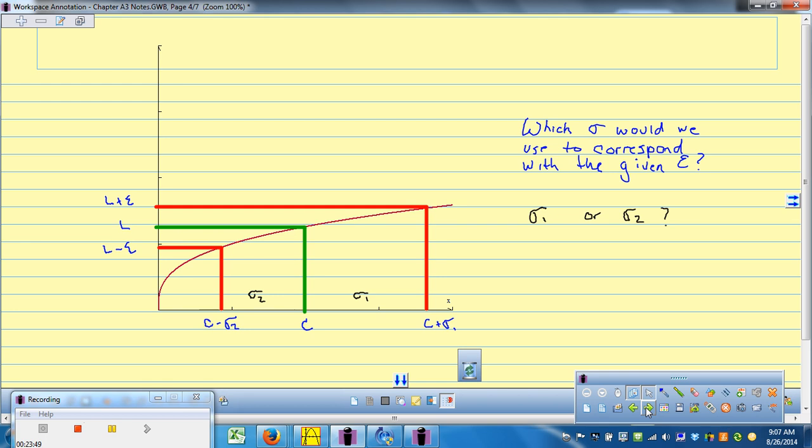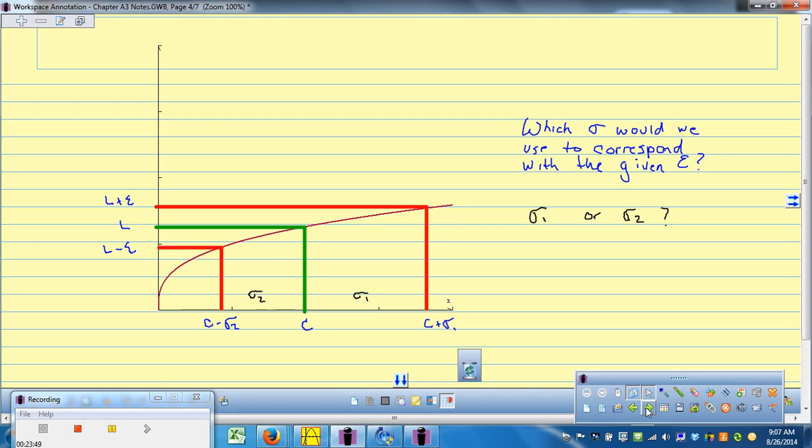The smaller of the two. You're always going to choose the more restrictive delta, because this one, will this work on the right side? Yep, if I come over about there, come up and over, I am still in the red zone. Okay? So I've shown you two graphical examples of this definition when the limit works, right?